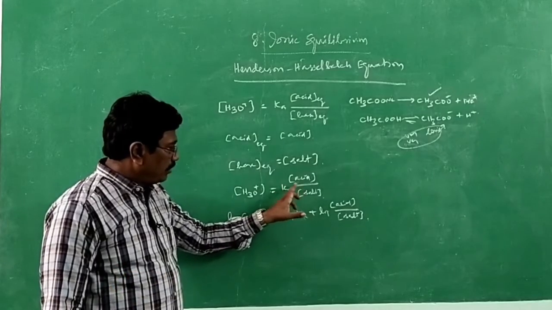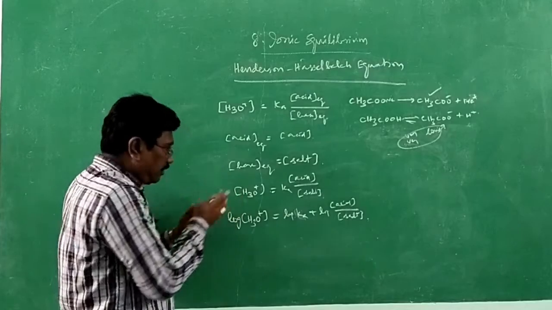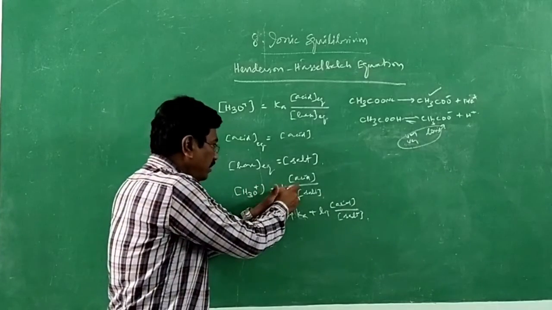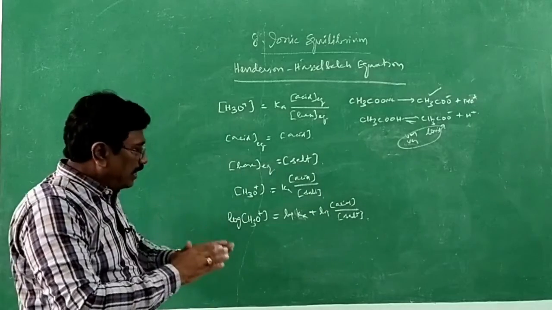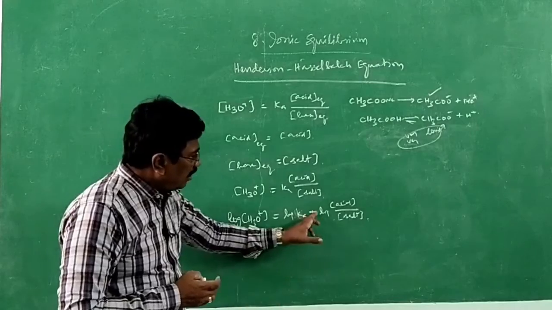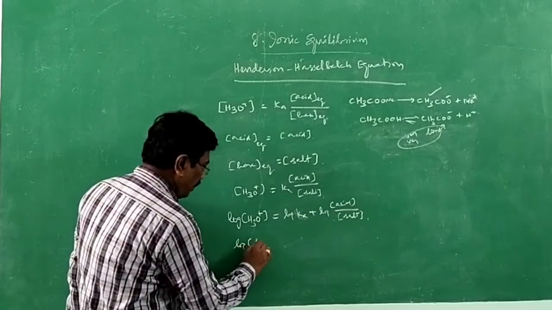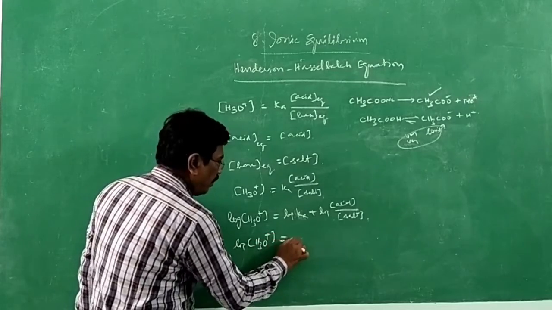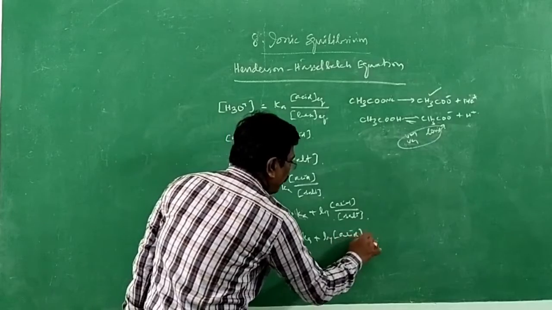Log A into B is equal to log A plus log B. So log hydrogen ion concentration is equal to log Ka plus log acid divided by salt concentration. Once again, this may be log of acid minus log of salt. Log hydronium ion concentration is equal to log Ka plus log acid minus log salt.